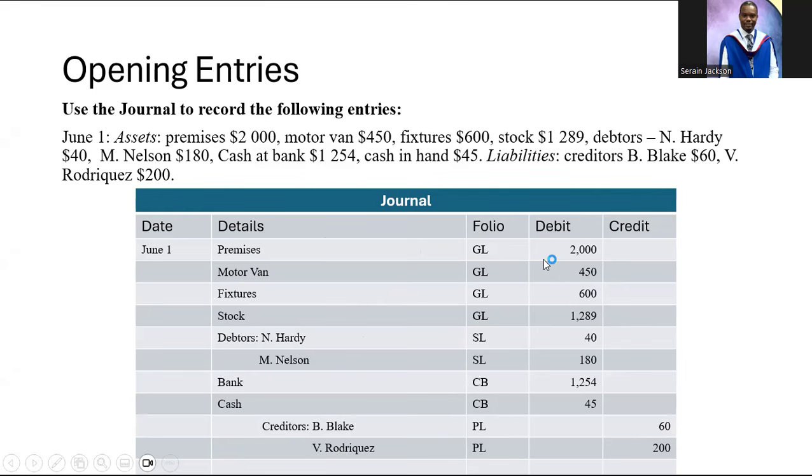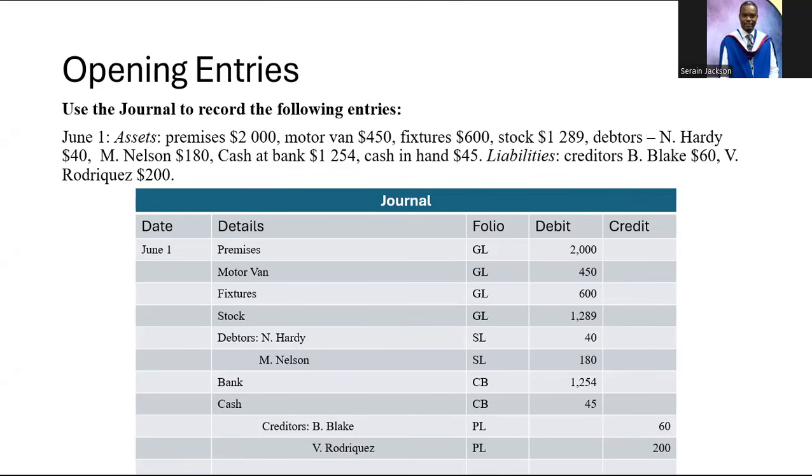Then our current assets, which are stock, debtors, bank, cash, also carry debit balances, and that is the reason why they are in the debit column. Now if you look at my creditors, which are the liabilities, the first thing is that it is indented, which means that I move away from the margin a little bit. That is how you treat your liabilities.